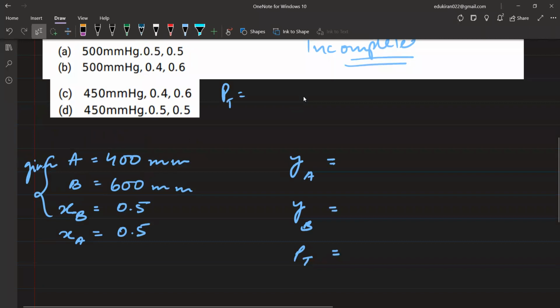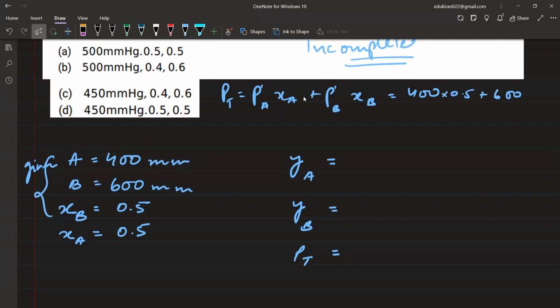P total will be equal to how much? P naught A χ_A plus P naught B χ_B. तो P naught A है आपके पास 400 into 0.5 plus 600 into 0.5. कितना हो जाएगा ये? 400 का आधा 200, 600 का आधा 300, 500.